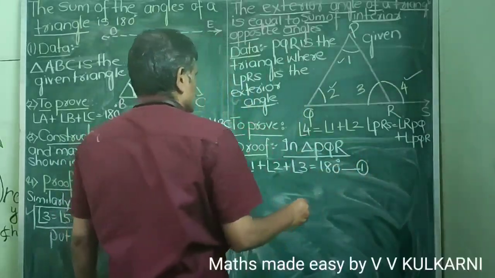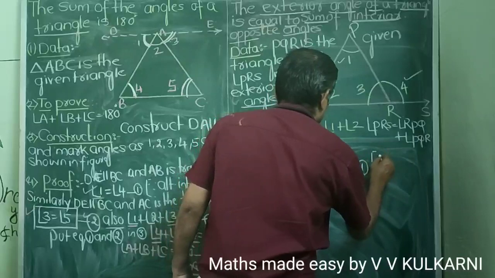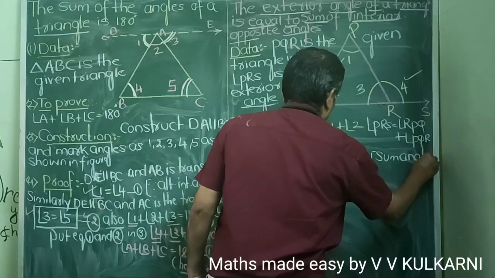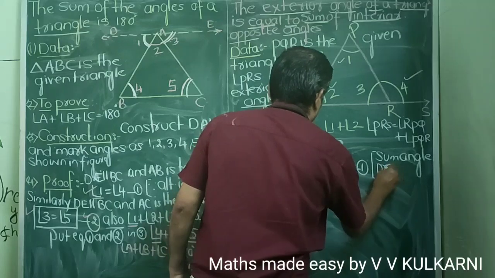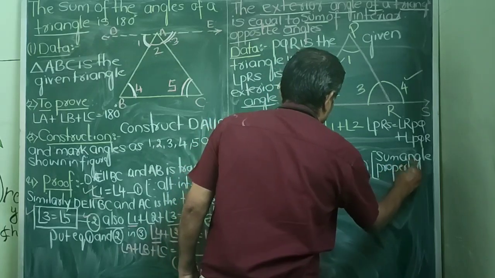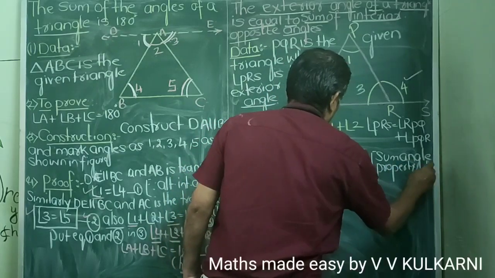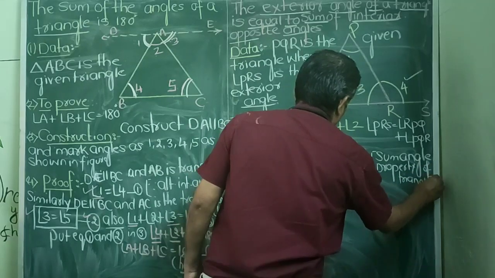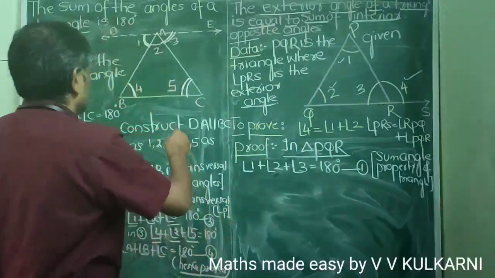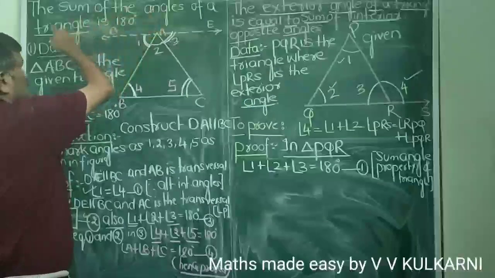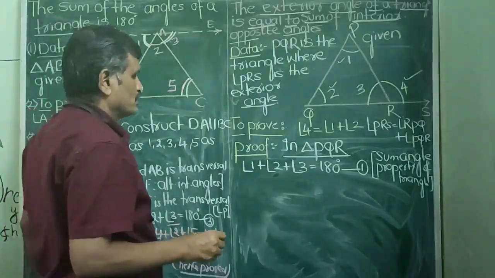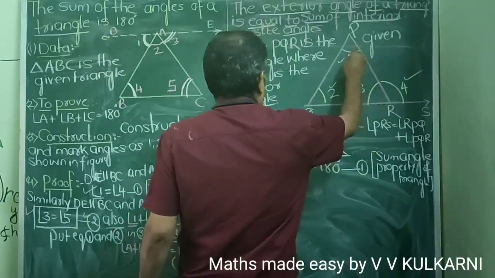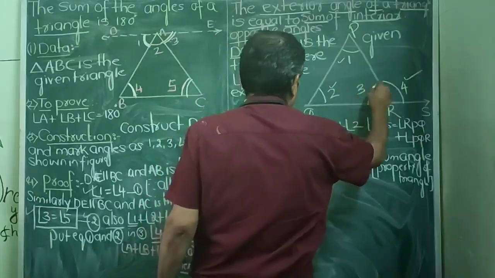And the reason for writing this is the angle sum property of a triangle. Already we have studied that in any triangle the sum of the angles is 180 degrees. So here the same thing I have applied.